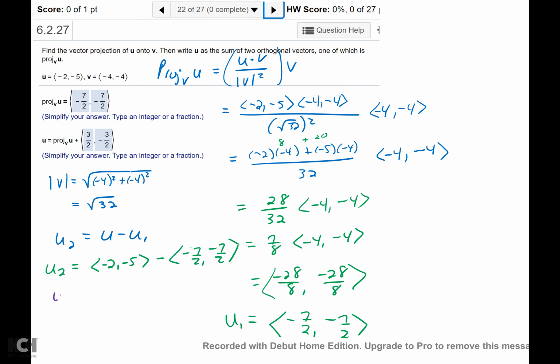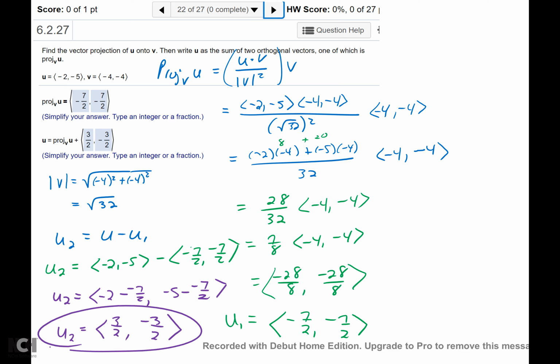That gives me u2 equals negative 2 minus a negative 7/2, and negative 5 minus a negative 7/2, which gives me u2 equals 3/2, comma, negative 3/2. So there's your u1, and there's your u2. Yeah?